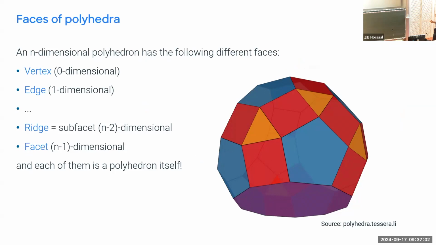These are what we might also call the corner points. Then the edges are 1-dimensional faces. And on the other end, the most interesting ones are facets, which are just n-1 dimensional faces. So that's, in some sense, the sides of the polyhedron, if you would call it like that.